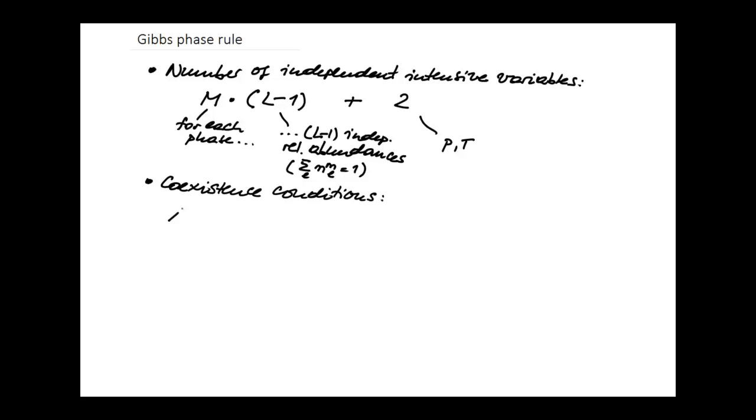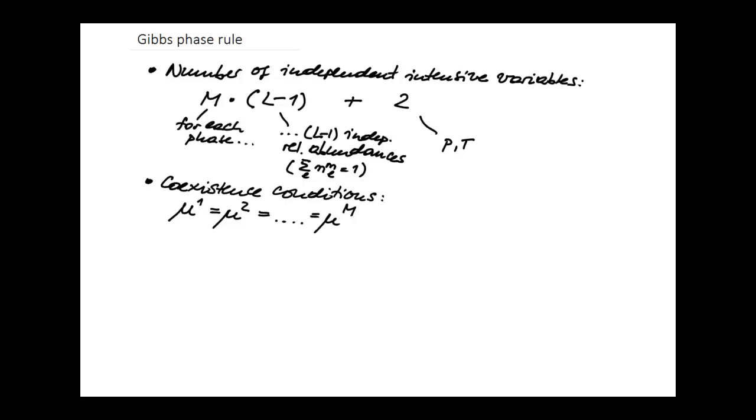So the chemical potential in phase 1 must equal the chemical potential in phase 2. And if we have more than 2 phases, this generalizes. The chemical potentials in all the phases must be equal. So this must also hold for phase 3 and so on up to phase M. These must all be equal.